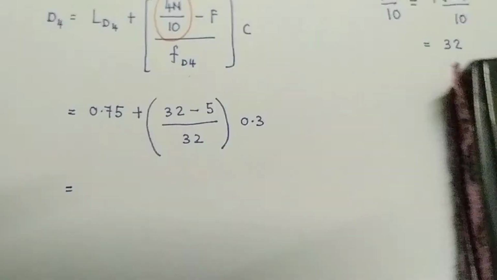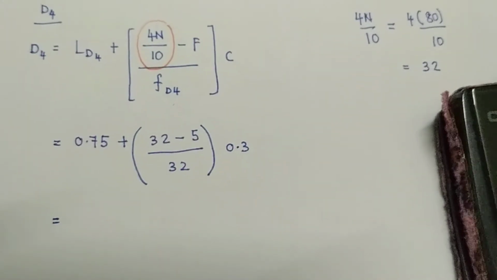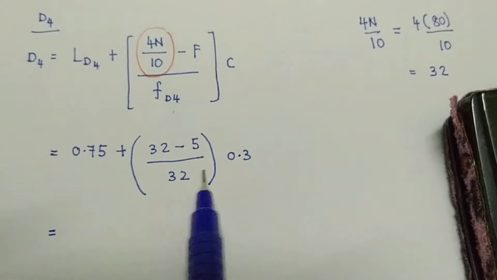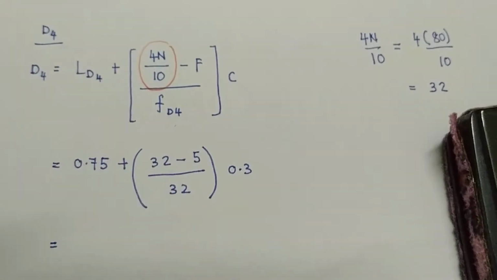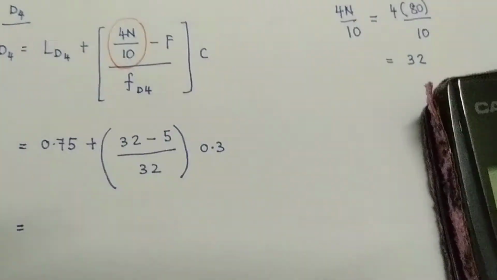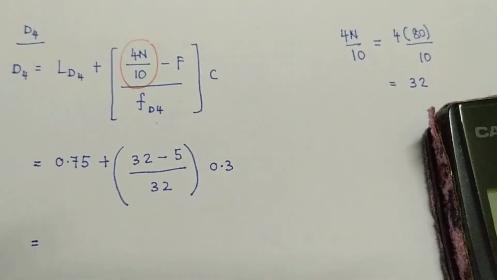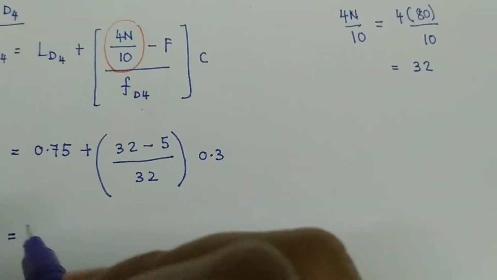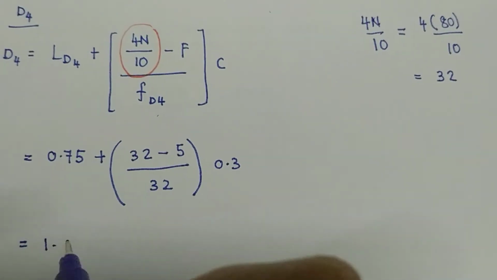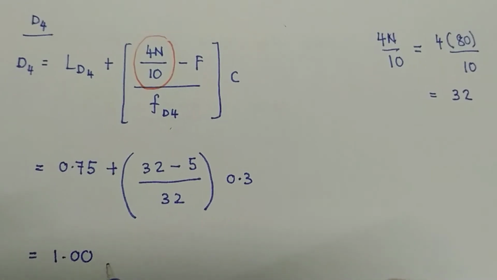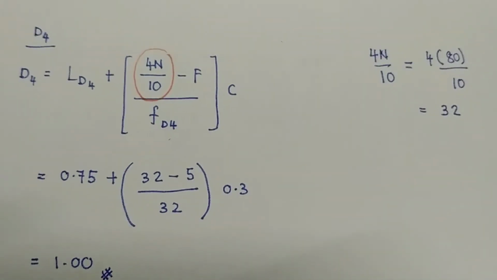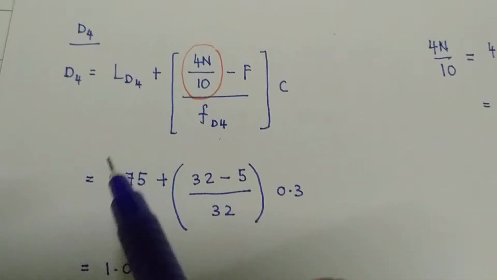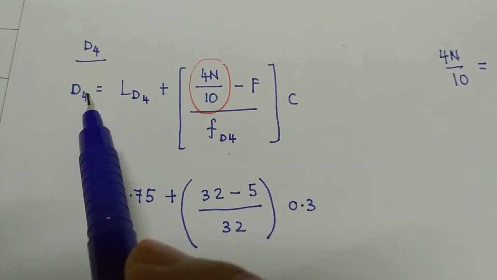So we calculate 32 minus 5, divide by 32, and then multiply with 0.3 and then plus 0.75, so we get 1.00, or you can just write 1. Okay, so this is our fourth decile, or D4.